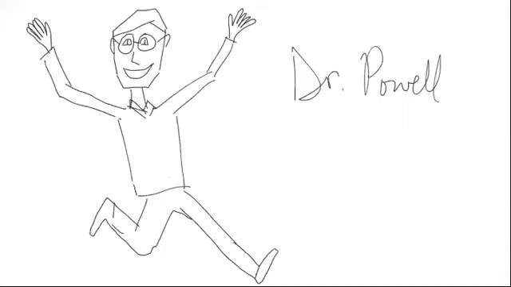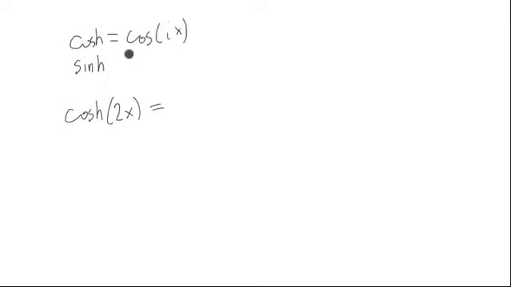Let's take a look at how we can come up with identities for cosh and sinh by using identities for cosine and sine. For instance, what if we had cosh of 2x? Well, we can use the definition of cosh, which is cosine of ix.